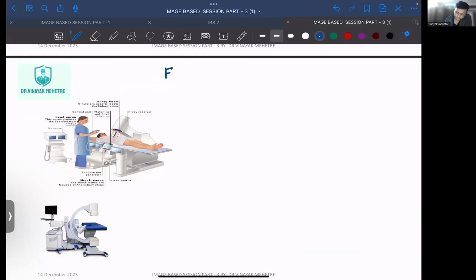Now comes ESWL. ESWL, right? बीम लगा के स्टोन को तोड़ना. ओके, बीम लगा के स्टोन को तोड़ना. हाउ मच? यस, 20 mm का मतलब क्या हुआ? 2 centimeter. But where?